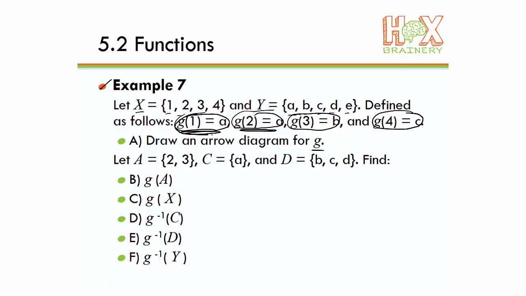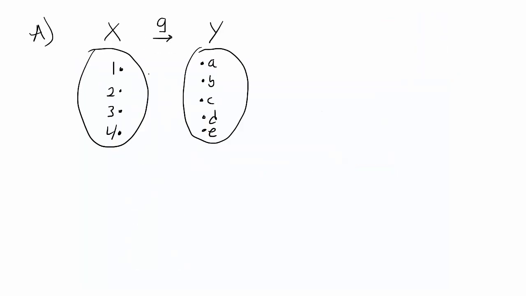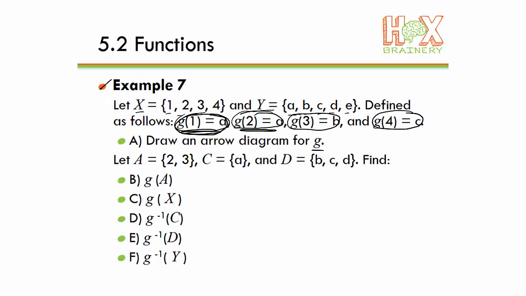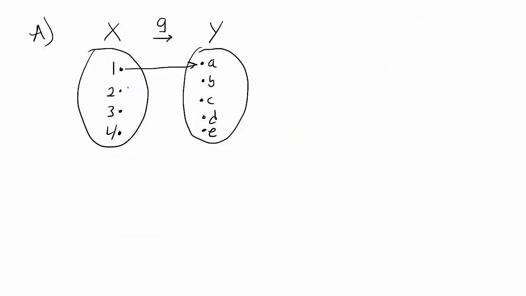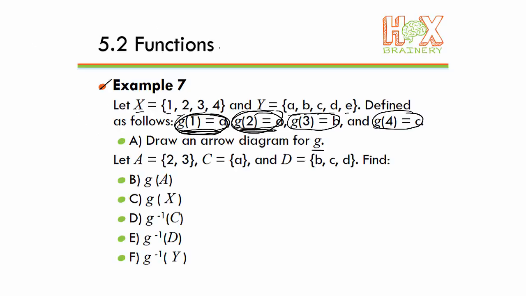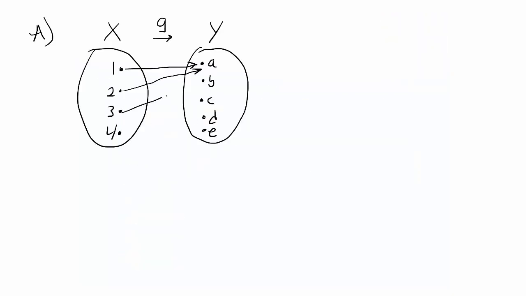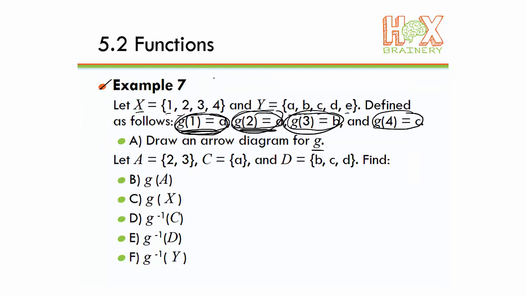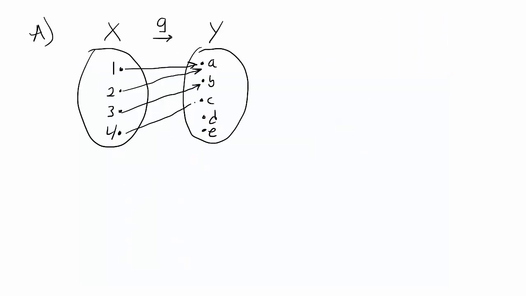All right, so G of 1 is equal to A. So 1 is related to A. We have G of 2 is related to A. So 2 related to A. G of 3 equals B. So 3 is related to B. And G of 4 is equal to C. So 4 is related to C.